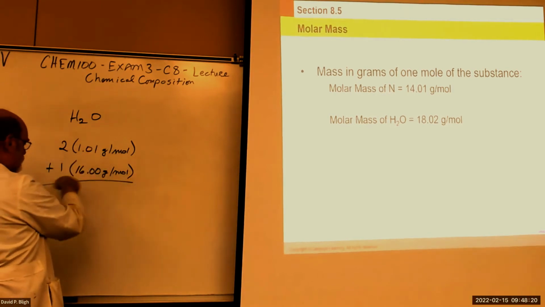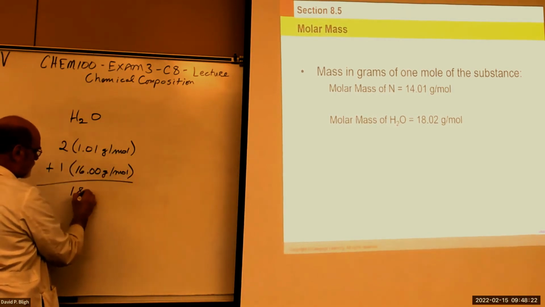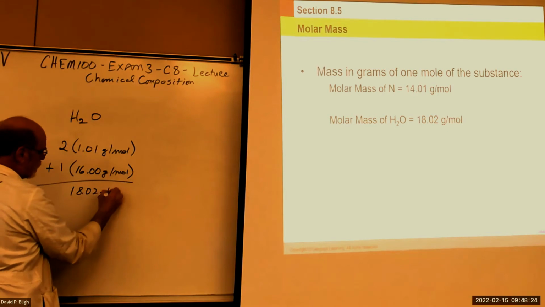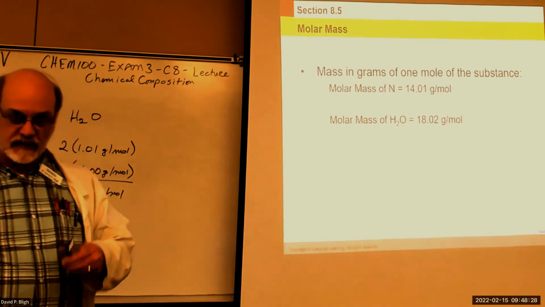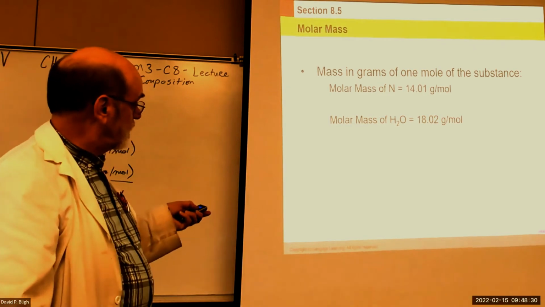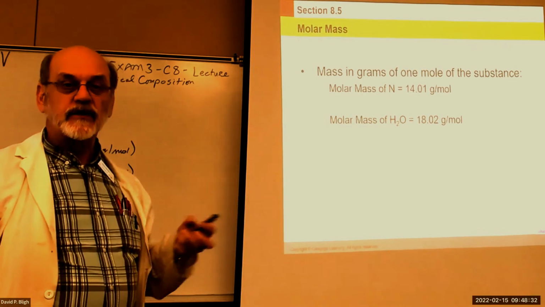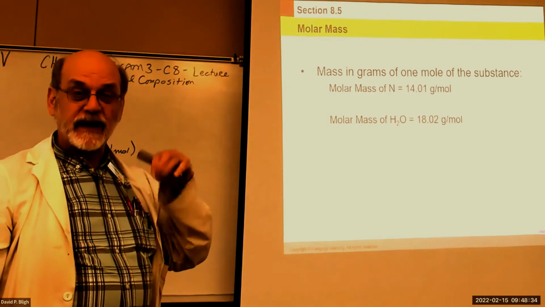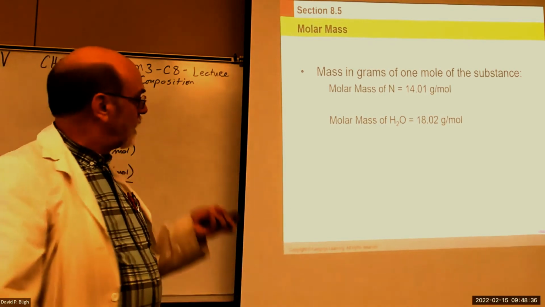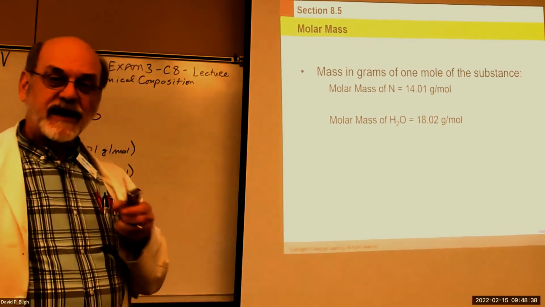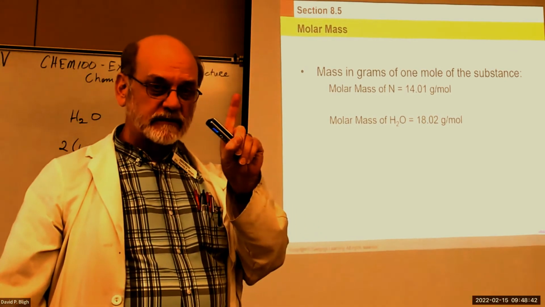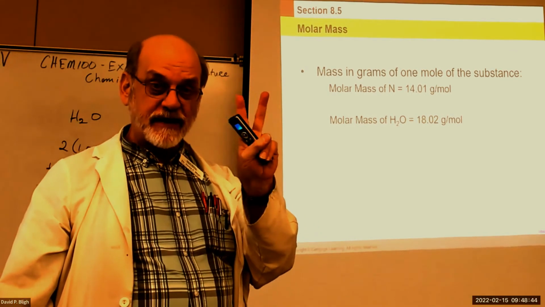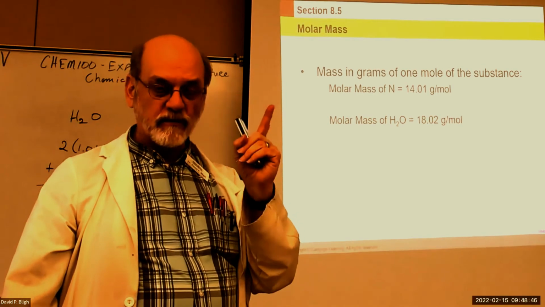Add those together, 2 times that plus 1 of these, 18.02 grams per mole. It couldn't be simpler. You just take the formula, and if you have 2 hydrogens, then the molar mass of hydrogen has to be multiplied by 2. Because for every 1 mole of water, there are 2 moles of hydrogen and 1 mole of oxygen.